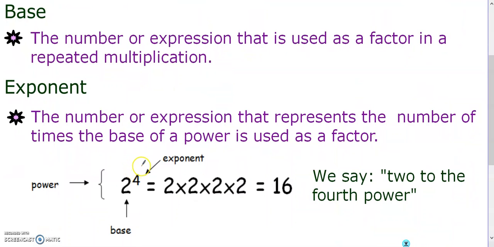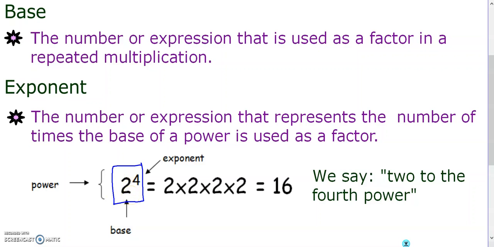The power is 2 to the 4th. The power represents the base and the exponent. The exponent in this case is the little 4 hanging up at the top. And the base is the bigger number, so that's 2. Bigger as in size, the larger number. It's the root, the base.